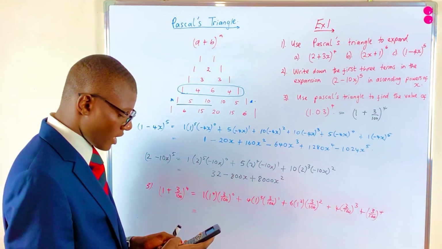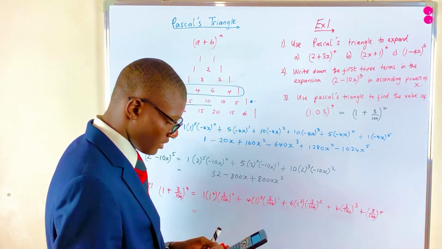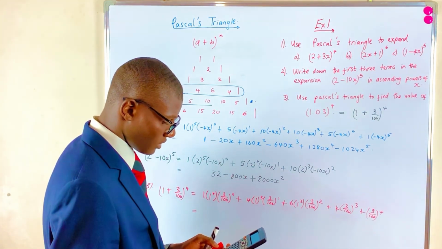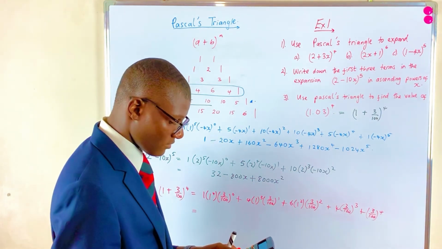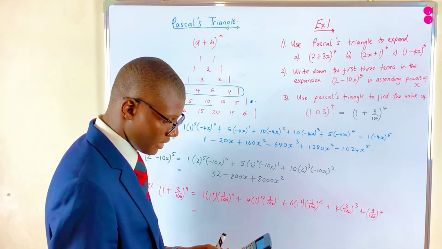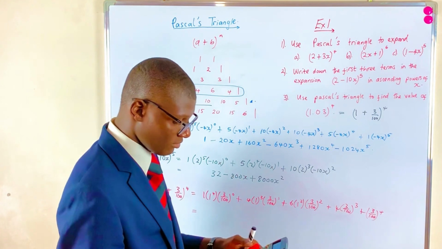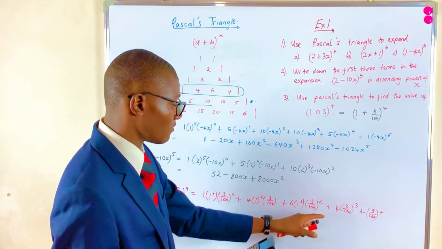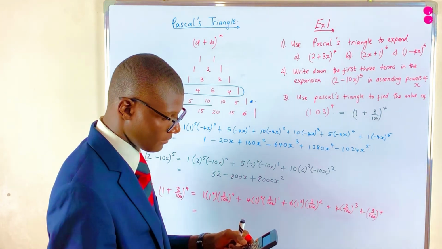So we're saying 1 plus 4 times 3 over 100, right? And then we're saying plus 6 times 3 over 100 squared, and then plus 4 times 3 over 100 raised to the power of 3, right?